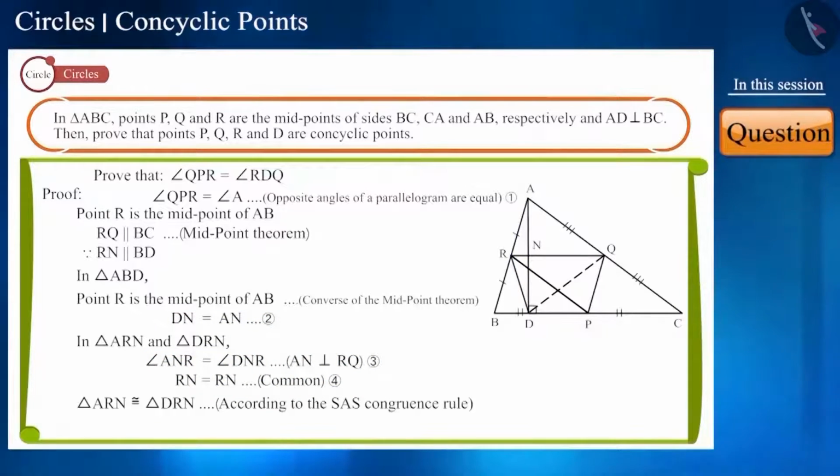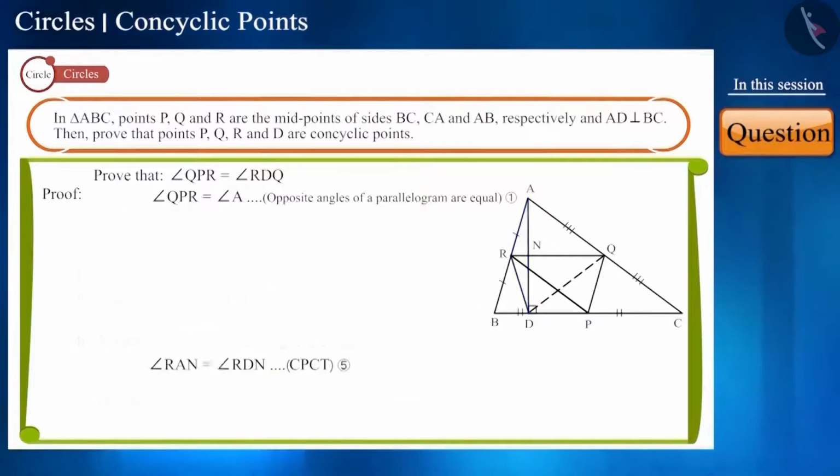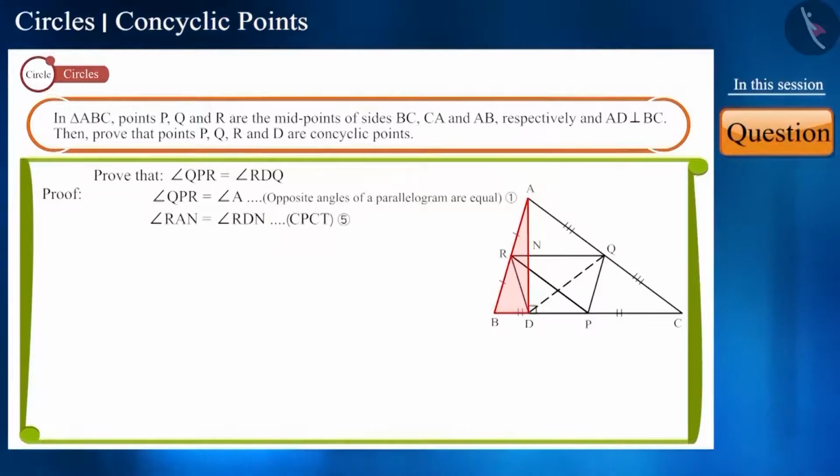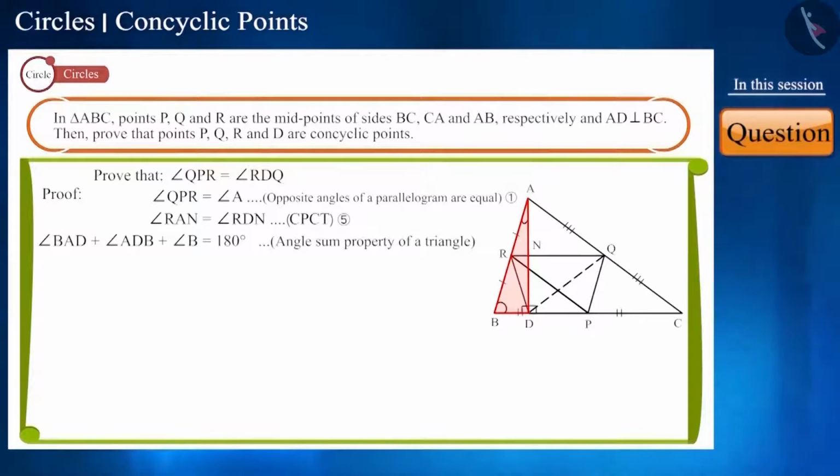And we know that the corresponding parts of congruent triangles are equal. Therefore, their corresponding angles will also be equal. That is, we can write angle RAN and angle RDN as equal. In triangle ABD, according to the angle sum property of a triangle, the sum of these three angles is equal to 180 degrees.